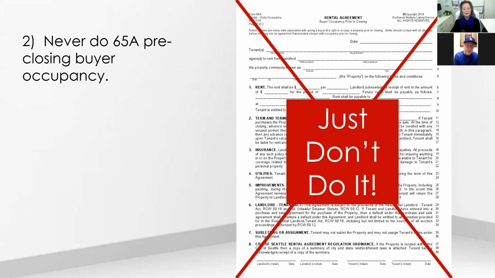And there were reasons for that. The legalities of it are that it just creates a nightmare for the seller once that buyer moves in there and has occupancy. The seller loses a whole lot of rights and control in the situation.